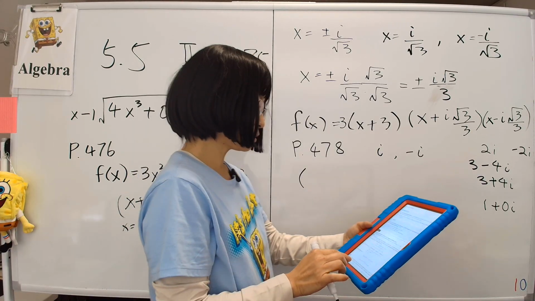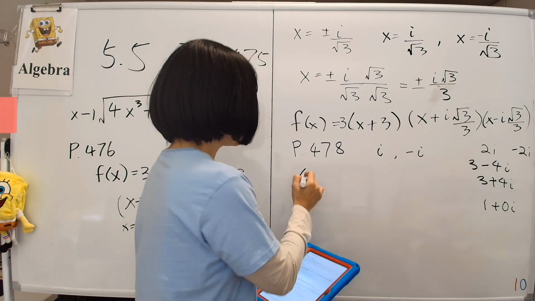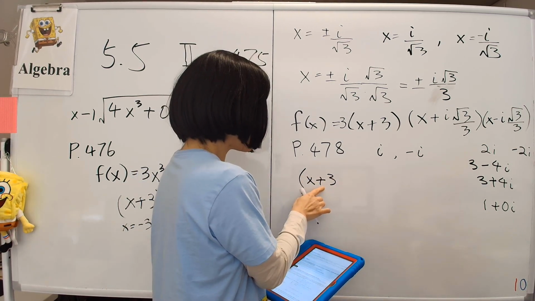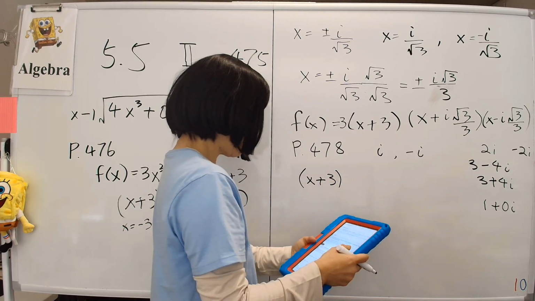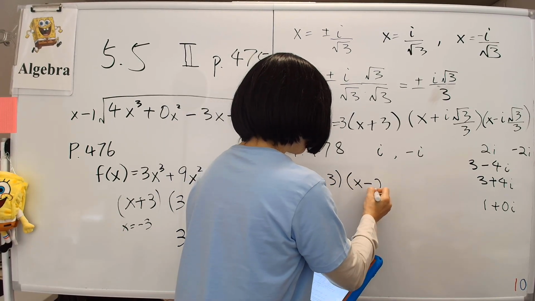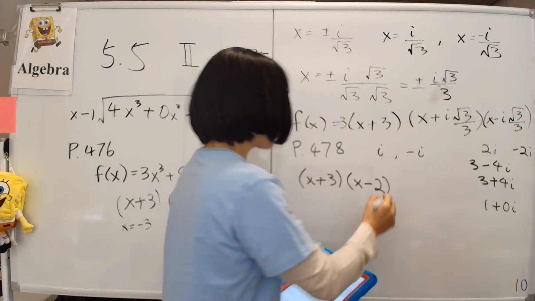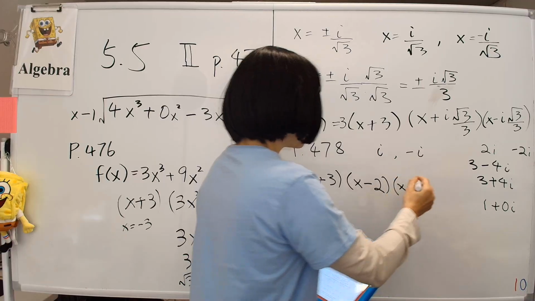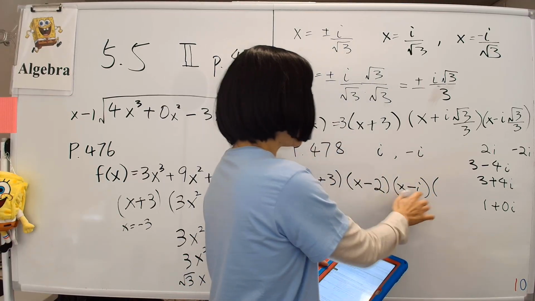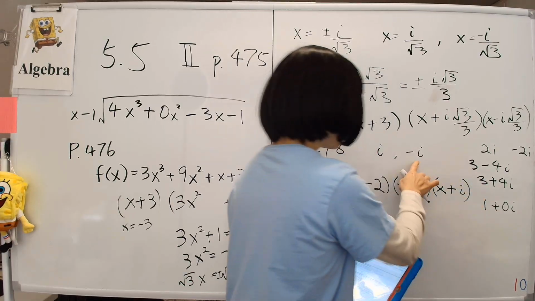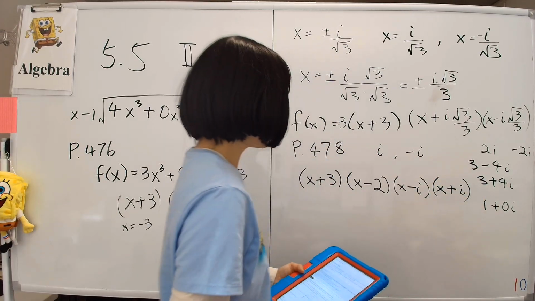First, it has -3 as a zero, which means x plus 3 is a factor. It changes the sign of the zero. Then if it has 2 as a zero, it will be x minus 2. Then it has i as a zero, so it has x minus i. And if it has x minus i, it also has the conjugate, x plus i, as a factor.